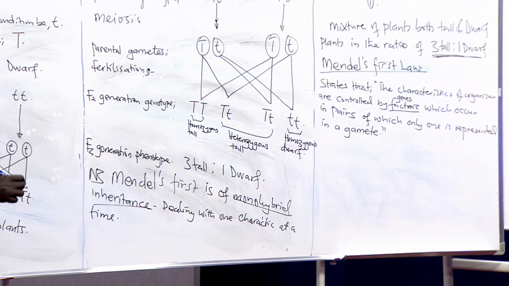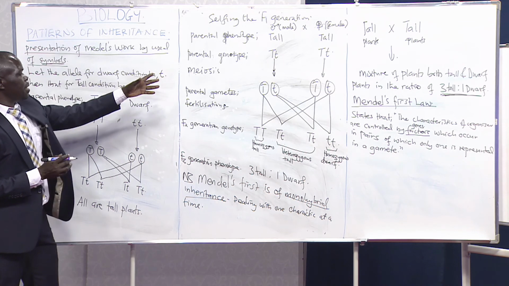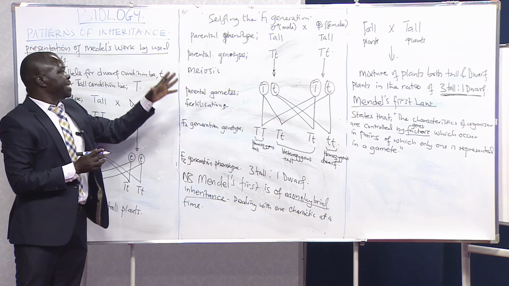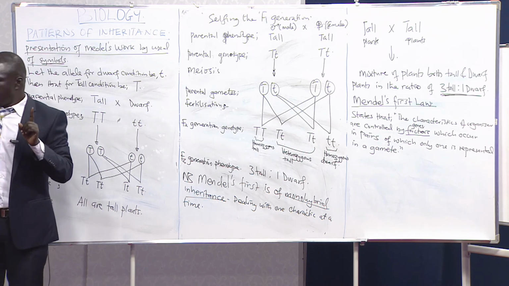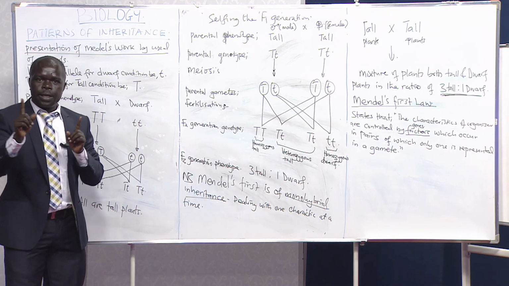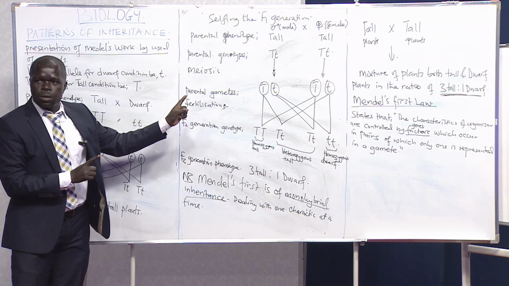This is what I feel, dealing with one characteristic at a time. What do I mean here? The characteristic which Mendel dealt with here is the height of a plant. Height has alternative forms: dwarf and tall.